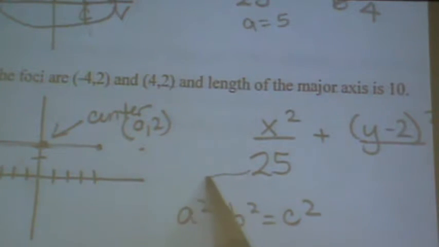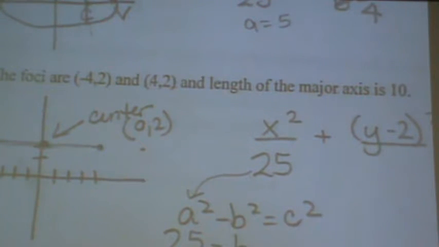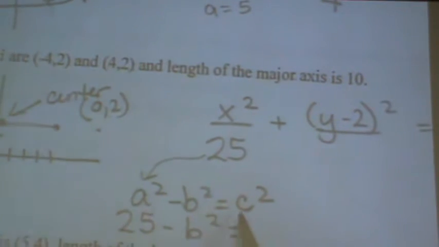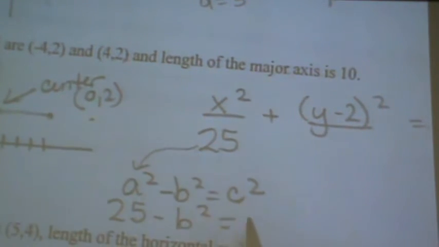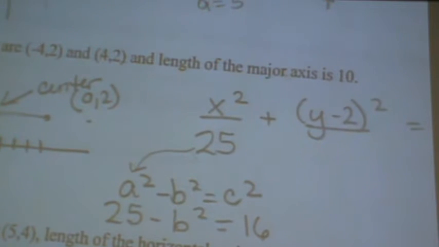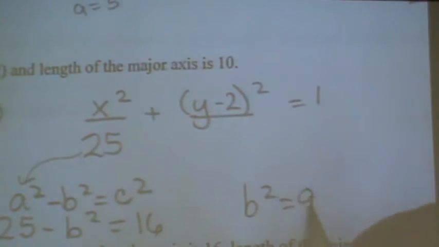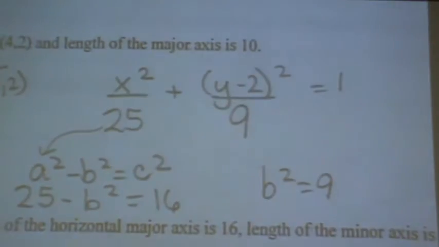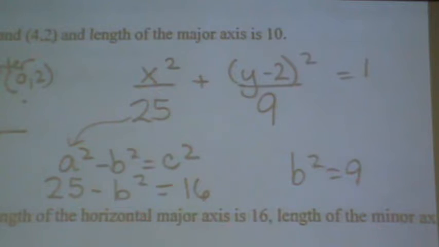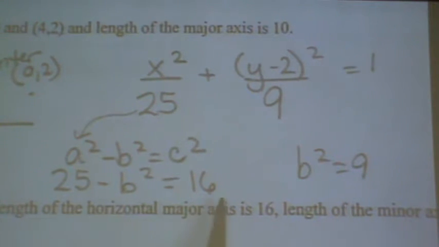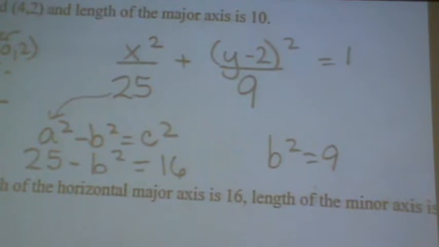So if this is a squared, 25, we don't know what the b value is, but we do know c is 4, c squared is 16. And what is b squared? It's 9. Subtract 16 and add positive b squared. B squared is 9.